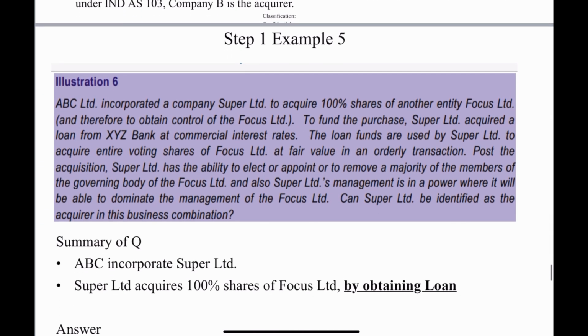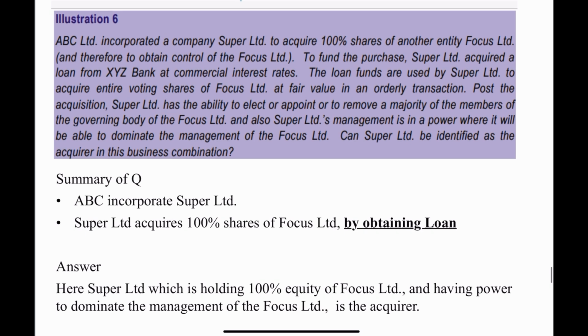Okay, so that's important. Then I will move on to the next example. Here also I have given you a brief of the question. Here ABC Limited incorporates a new company called Super Limited, and the main purpose of incorporating Super Limited is to acquire 100% shares of Focus Limited.